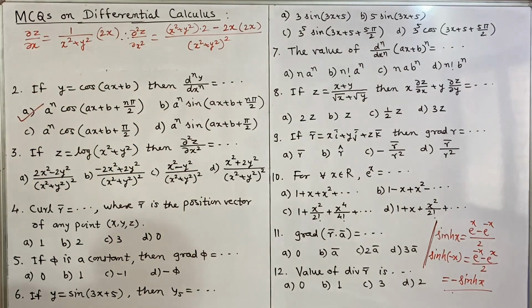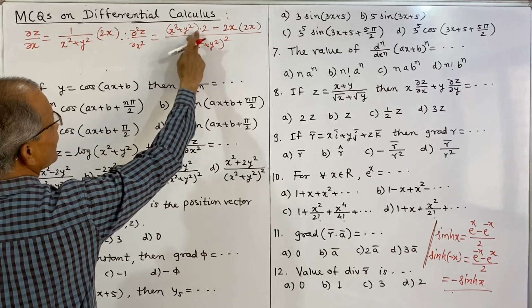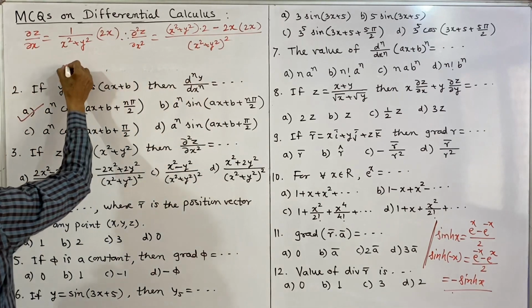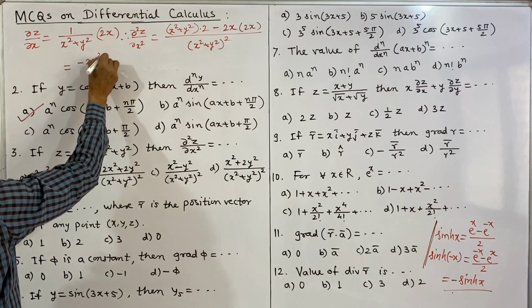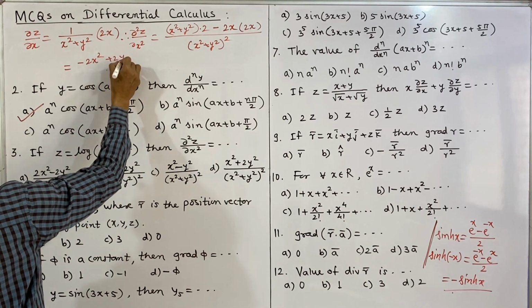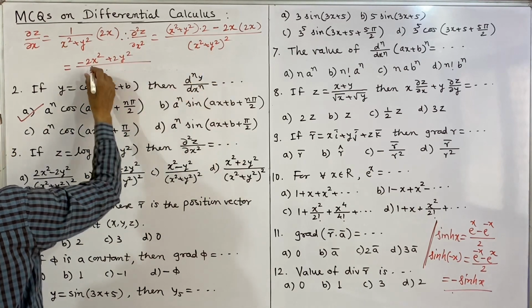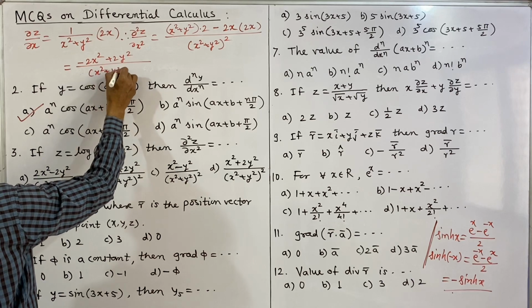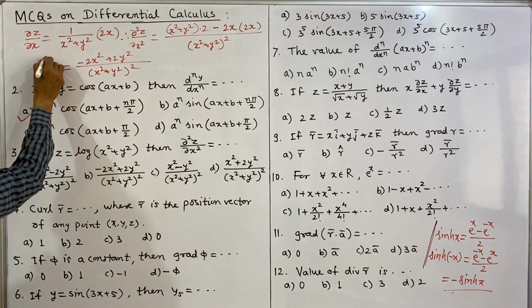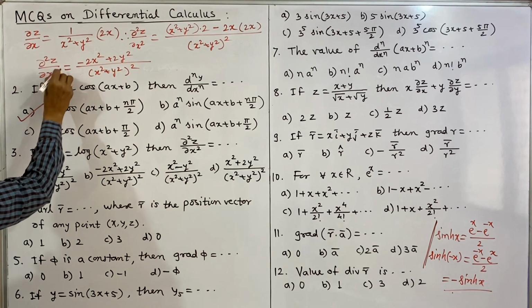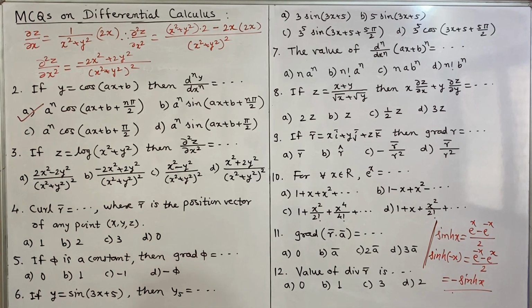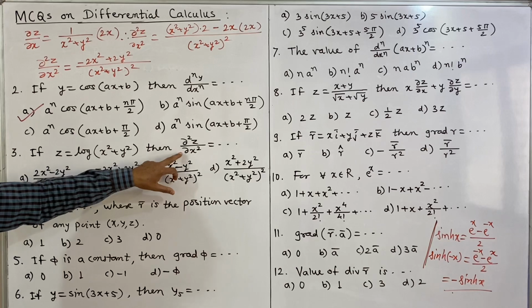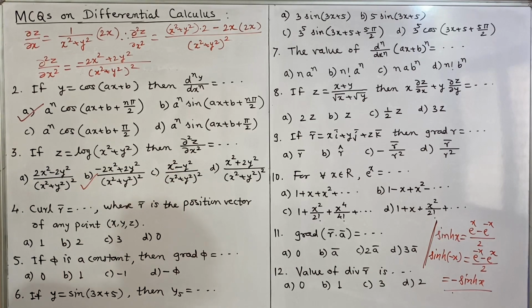Thus it becomes 2x square minus 4x square, that is minus 2x square, plus 2y square, divided by the denominator x square plus y square whole square. This is dou 2z by dou x square, and we see the correct alternative here is B. We have only used the differentiation 2 times to get the partial derivative, treating y as constant.